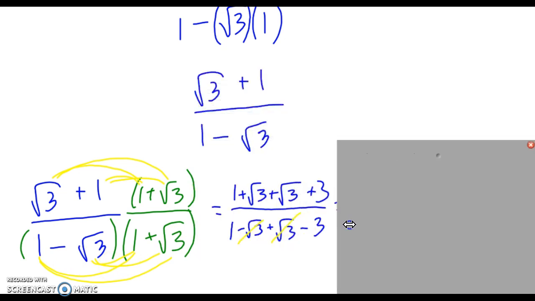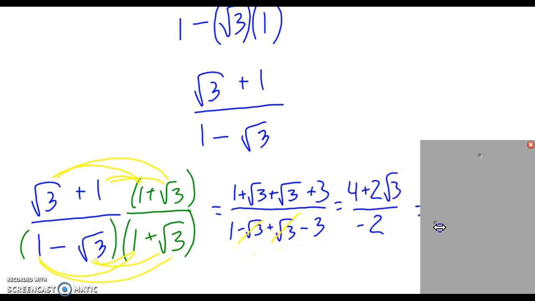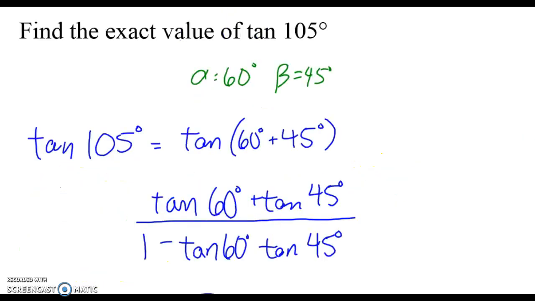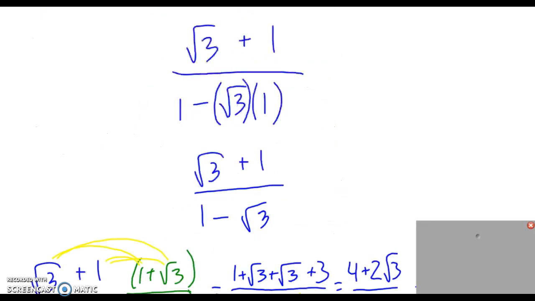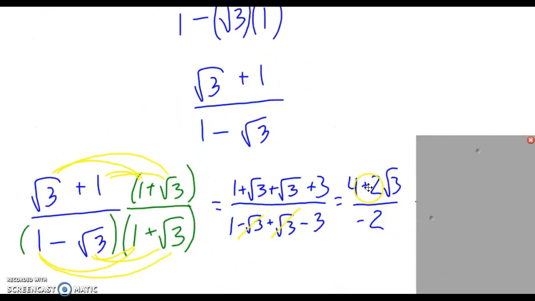Then, when I FOIL, I get that on top. When I FOIL on the bottom, I get that. Those two add up to 0. So on the bottom, I get 1 minus 3, which is negative 2. On the top, I get 1 plus 3 is 4, and then square root 3 plus square root 3 is 2 square root 3. And then I've got one more step.